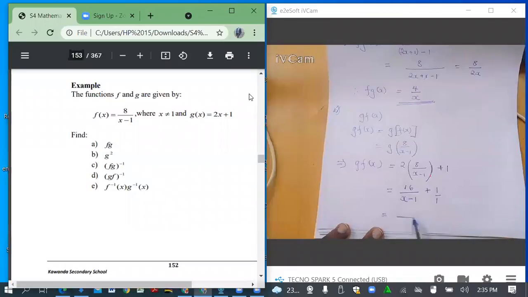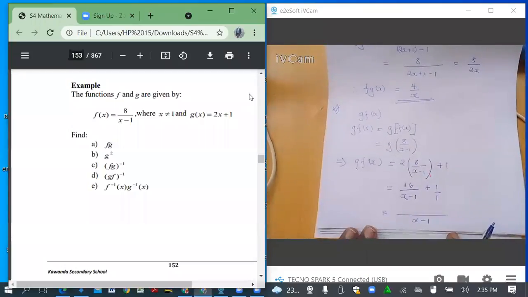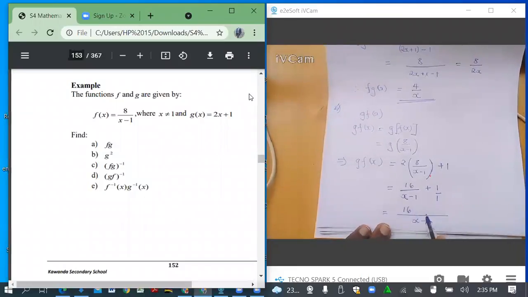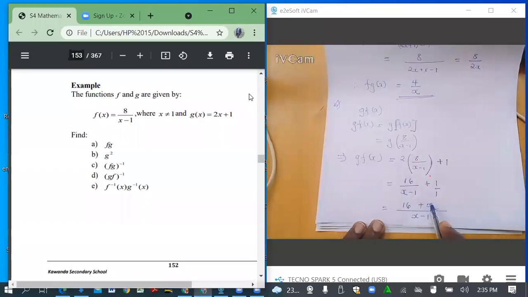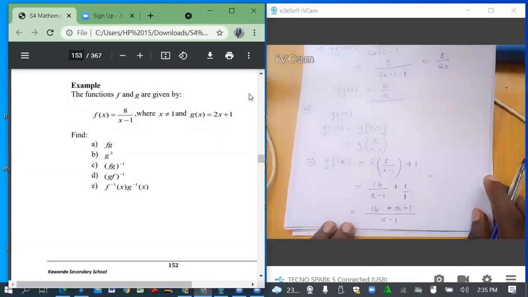What's the LCM of x minus 1 and 1? x minus 1. So x minus 1 divided by x minus 1, what do you get? 1. Times 16, 16. Plus x minus 1 divided by 1, times 1, x minus 1.